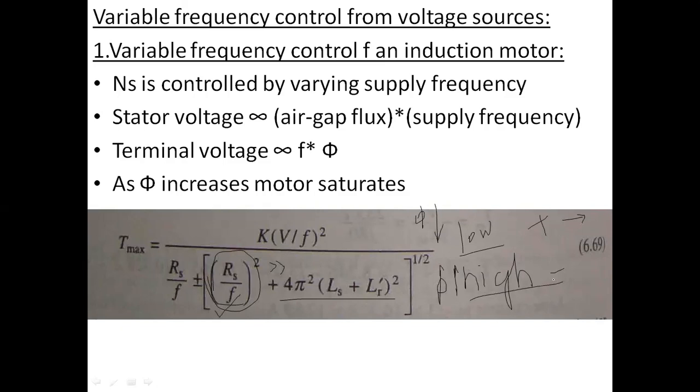If you want to make the torque constant, we do not require any low and high values. So if you want to maintain the maximum torque at normal speeds, we have to increase the V by f ratio at low frequencies. If the V by f ratio is increased at low frequencies, then we can attain maximum torque.